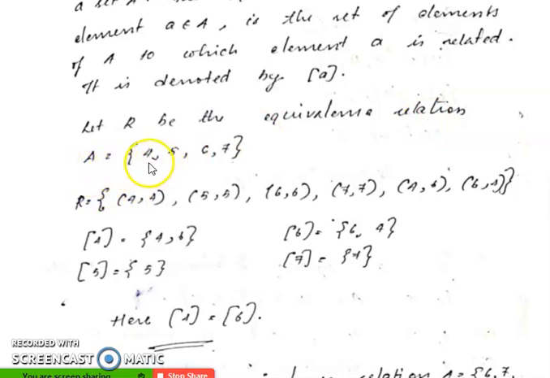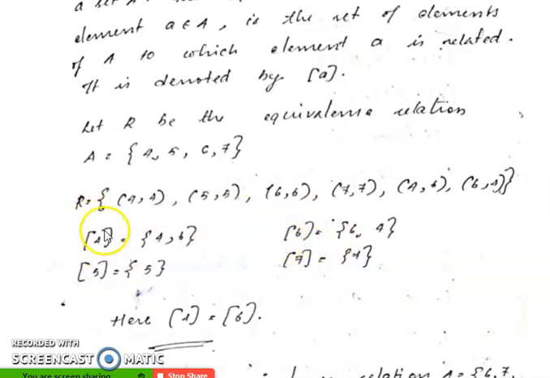A is equal to {4, 5, 6, 7} and the equivalence relation R is given by (4,4), (5,5), (6,6), (7,7), (4,6), (6,4). Now we will find the equivalence class for each and every element here: equivalence class of 4, of 5, of 6, of 7.